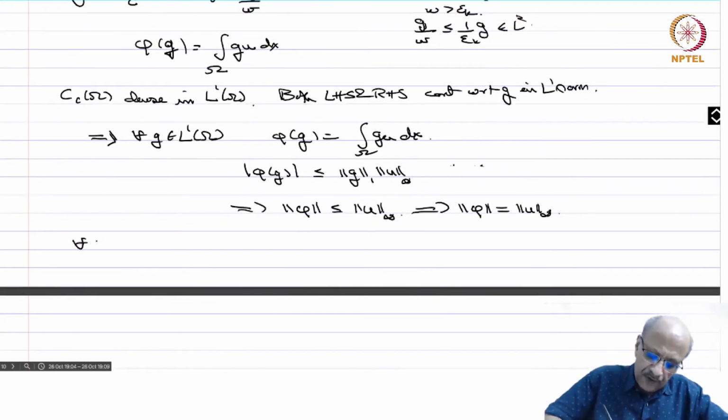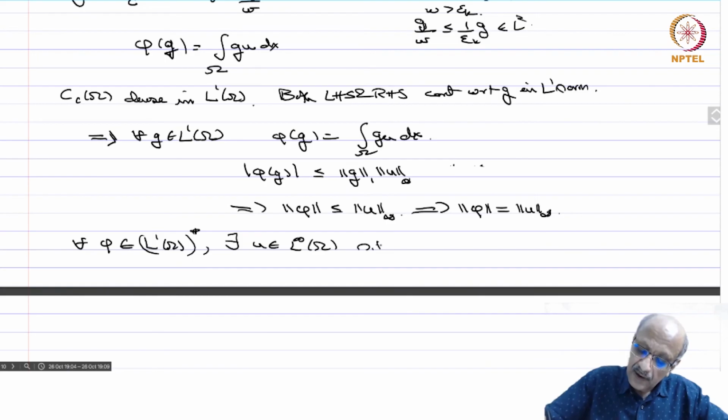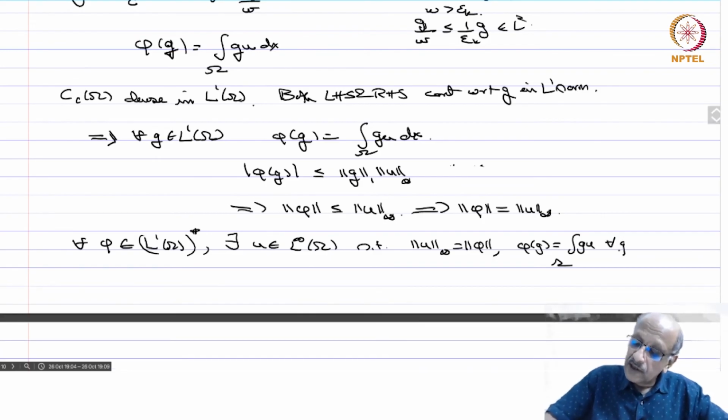So for every phi in L1 of Omega star, there exists a u in L infinity of Omega such that norm u in L infinity is norm phi, and phi of g equals integral g u on Omega for all g in L1 of Omega.